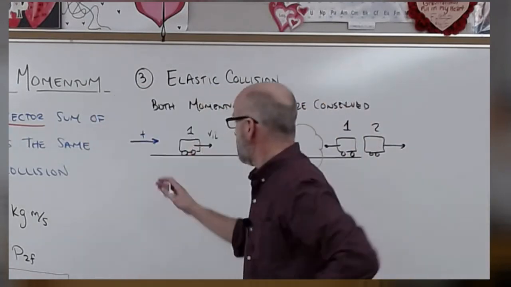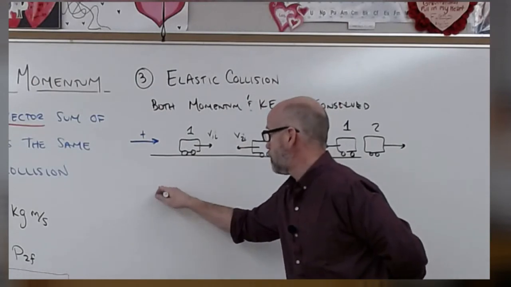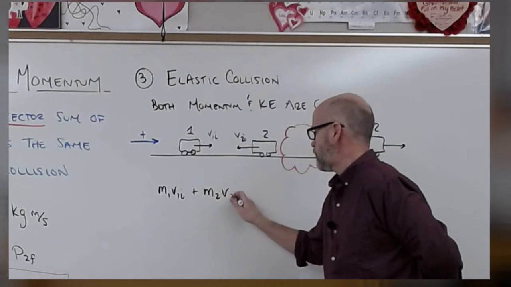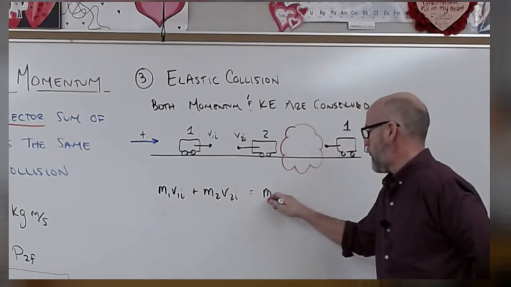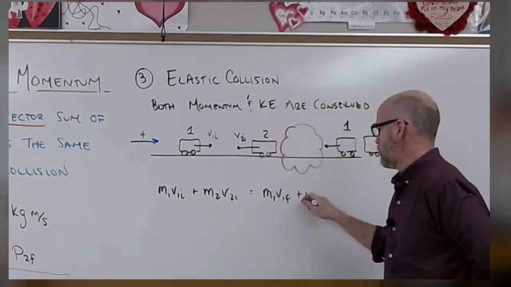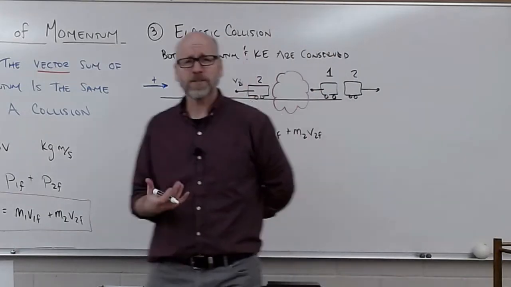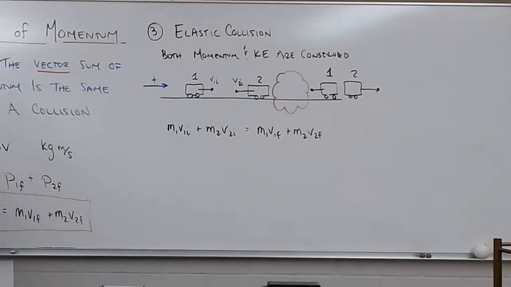Ready? If I use my law of conservation of momentum, M1 V1 initial plus M2 V2 initial equals M1 V1 final plus M2 V2 final. I know. Aren't you surprised when that just rolls off my tongue every time? Yet I stutter on simple words.